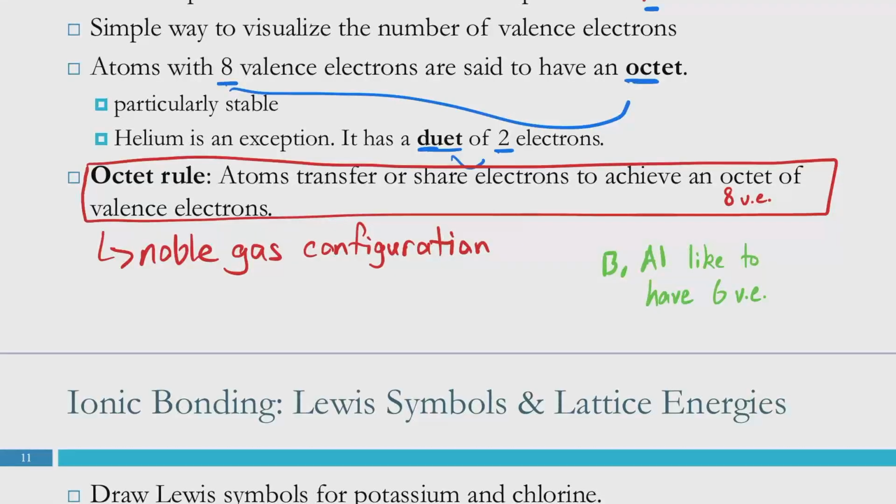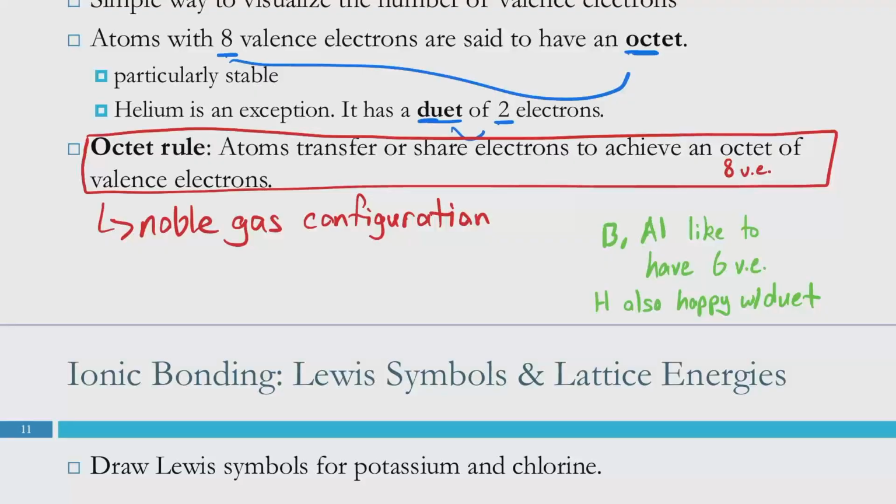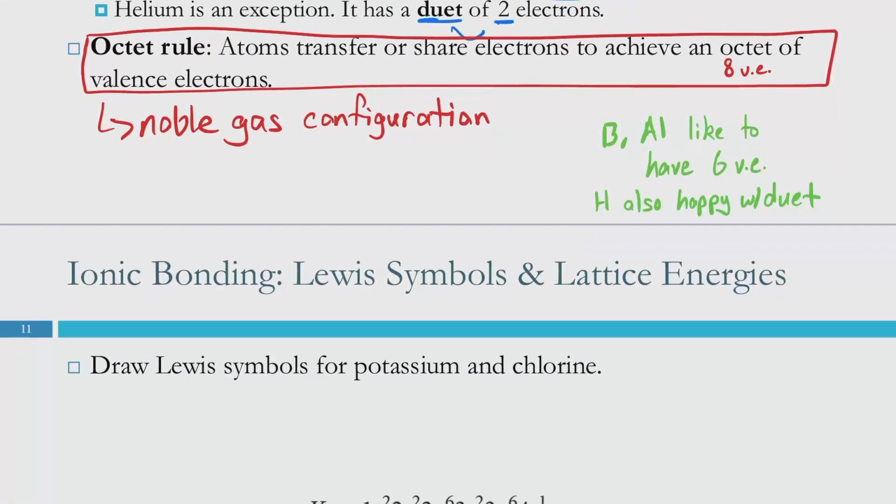This is once we're starting to put them into compounds. When they're just by themselves, they'll have their normal 3. Hydrogen is also happy with a duet. And what I mean by happy is that they're stable. They've minimized their energy. They're going to sit there until they're given outside energy that makes them unstable, raises their energy level.